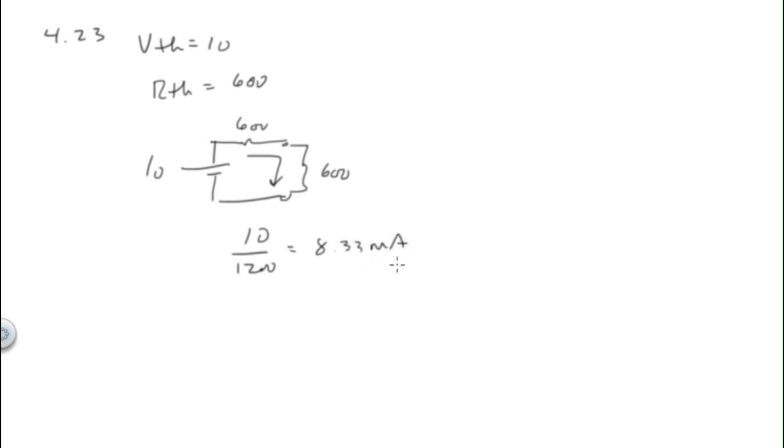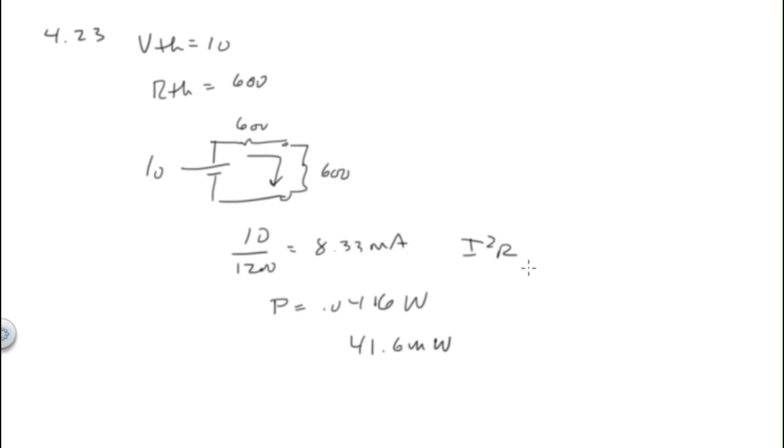Now you say I squared R, that squared, times 600. Power is equal to 0.0416 watts, or 41.6 milliwatts. The best way to do it is I squared R, and that gets you the best answer.